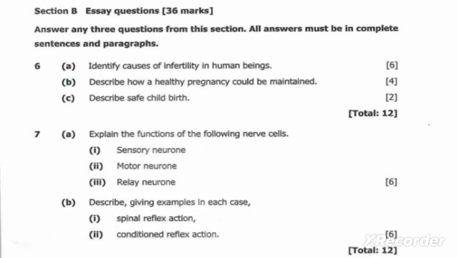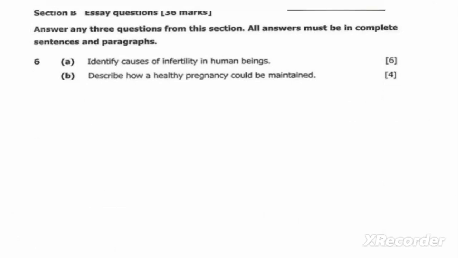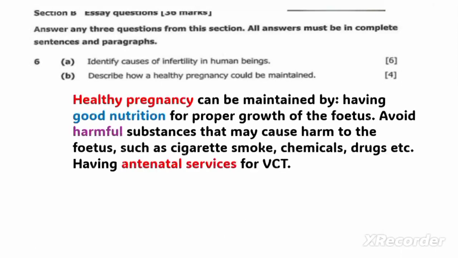The next question is question 6b. Describe how a healthy pregnancy could be maintained. There are a number of ways in which a healthy pregnancy can be maintained. A healthy pregnancy can be maintained by having good nutrition for proper growth of the fetus.